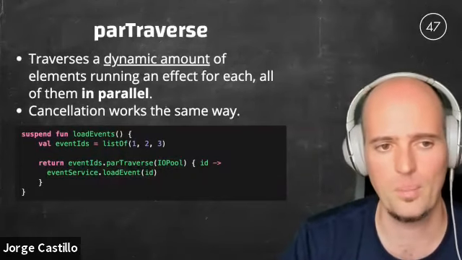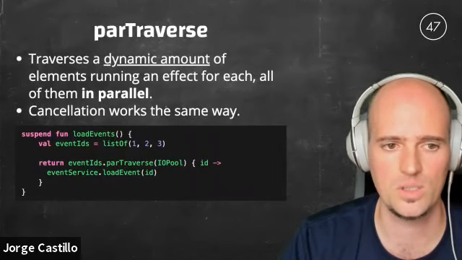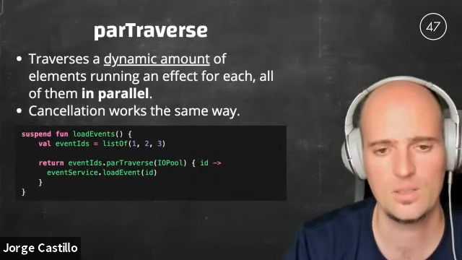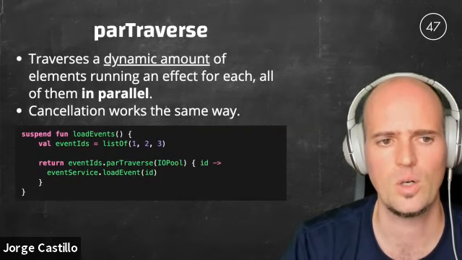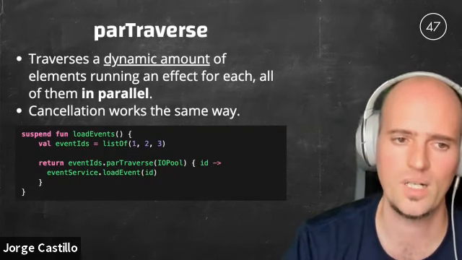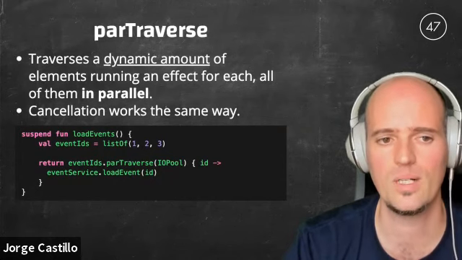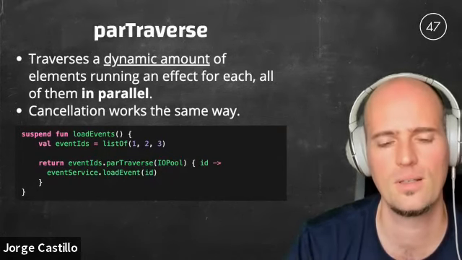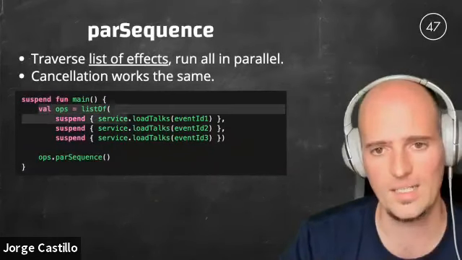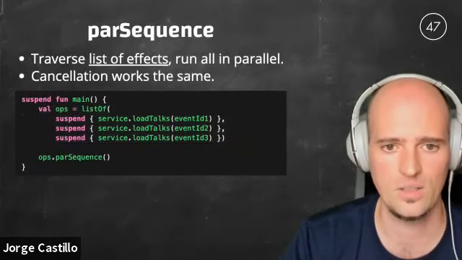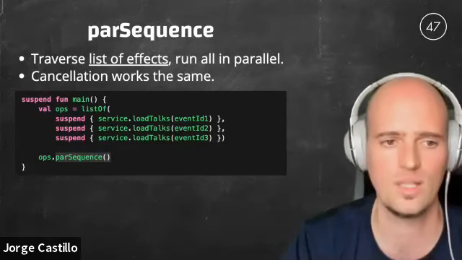All of them are going to run parallelly, right? And you're going to get the results as a list of elements in the end. So this is really cool for when you don't really know the amount of elements or the suspended effects you have. You can use parTraverse for going over the list and running one effect for each one of the elements. And the same way there is parSequence, which is just an overload, but for a list of suspended effects. It's going to run all of them in parallel and gather results in the end.